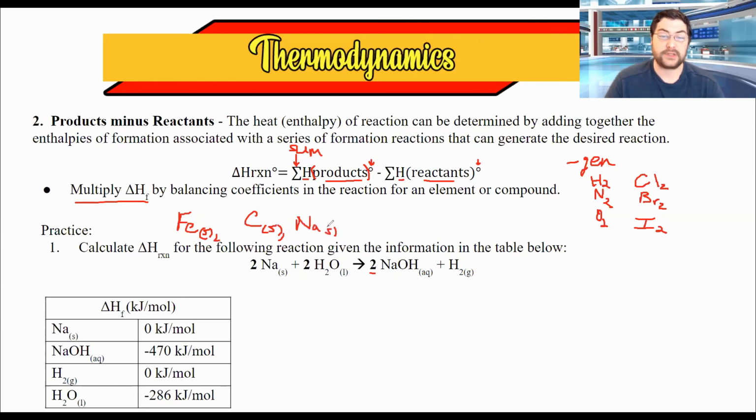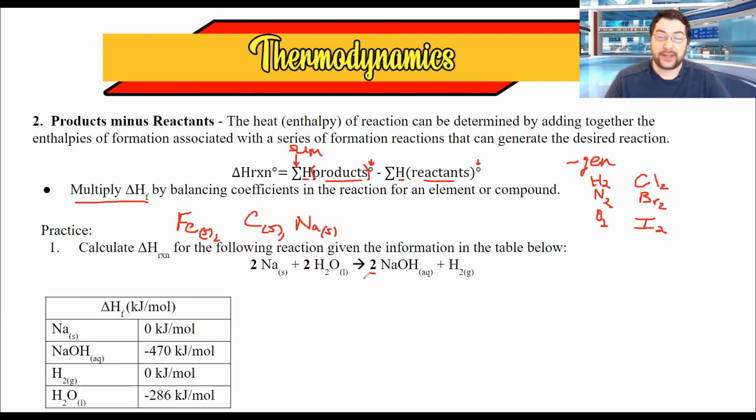So any free element, that's what that's called, any free element or diatomic molecule, that's not going to have an amount of energy associated with it, okay? So that will always be 0 kilojoules per mole for the heat of formation because they readily exist that way in nature, all right? That's their lowest energy state, is to exist in that form. So there's no heat of reaction or heat of formation associated with them for that state, okay?